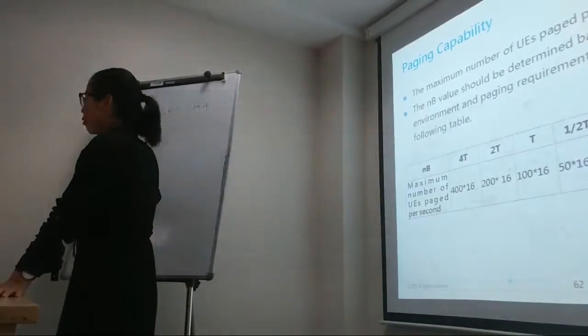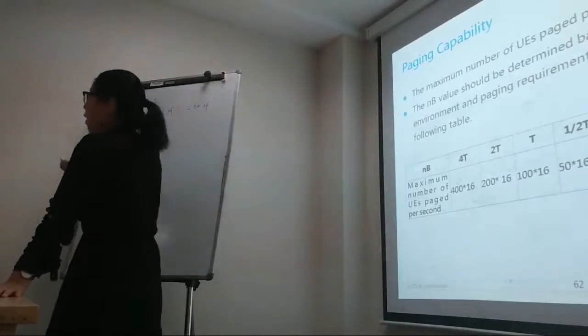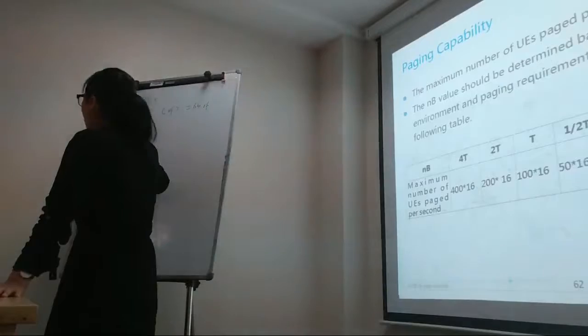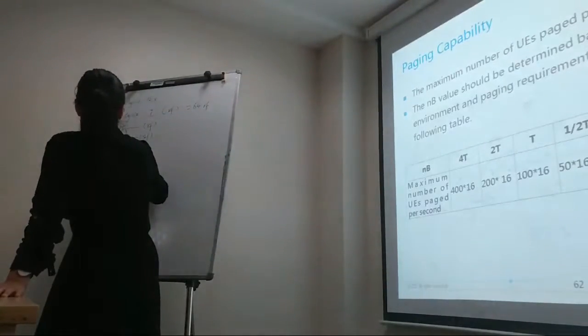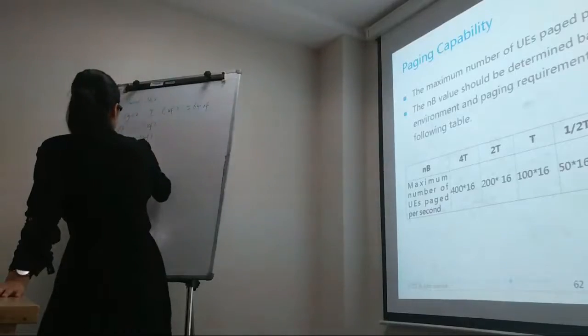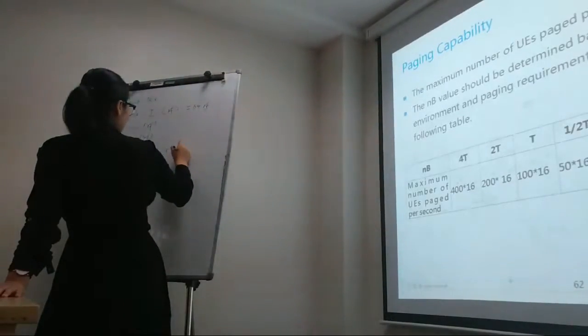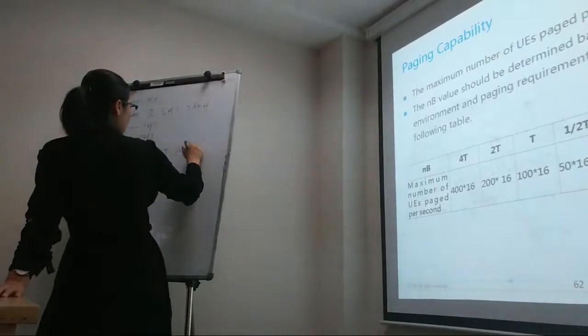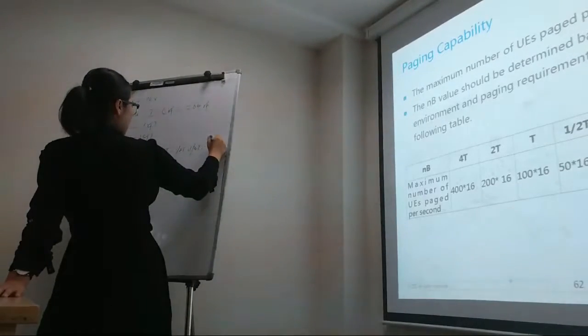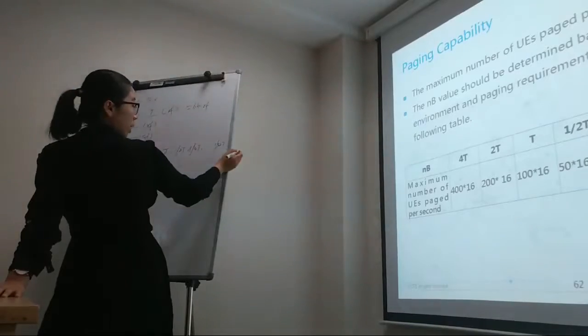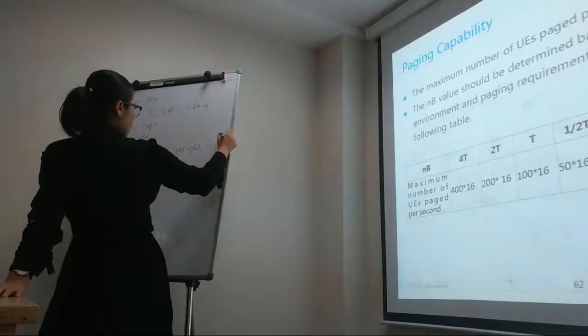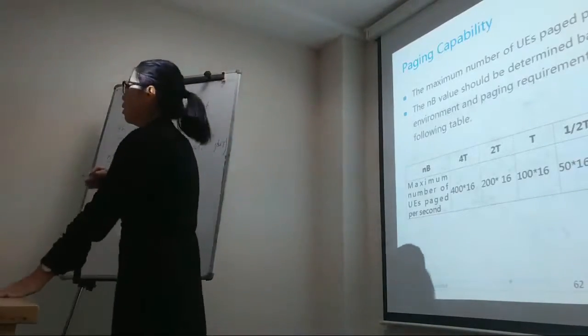For example, nB has different values: 4T, 2T, T, half T, quarter T, like this, down to T/32.